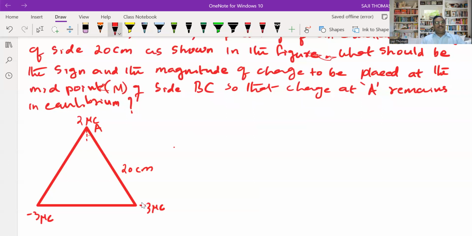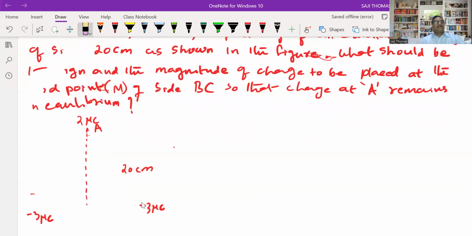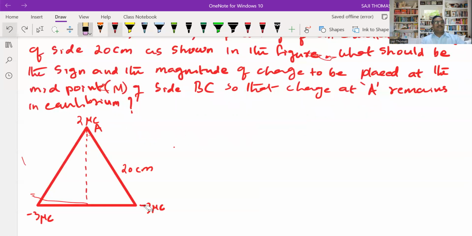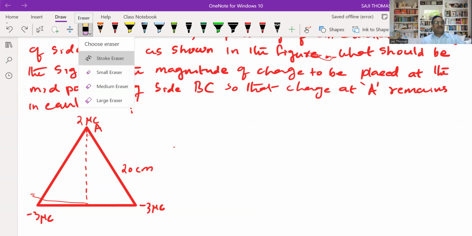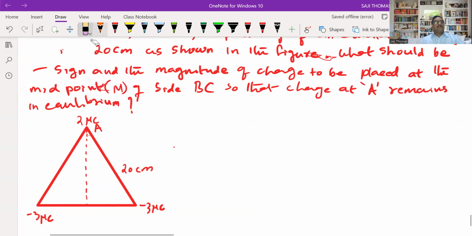Now the midpoint of BC: this point is B, this point is C, and this is the midpoint M. The distance from B to the point M, since it is an equilateral triangle, is 10 centimeters.